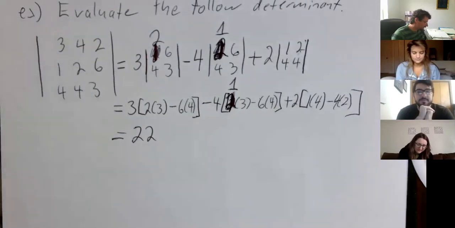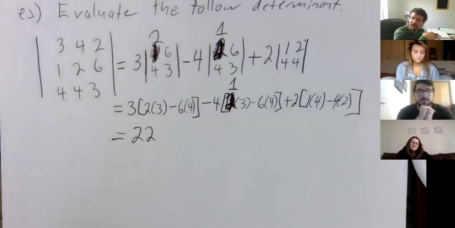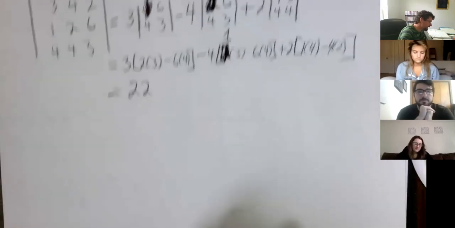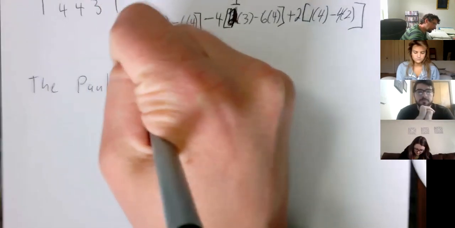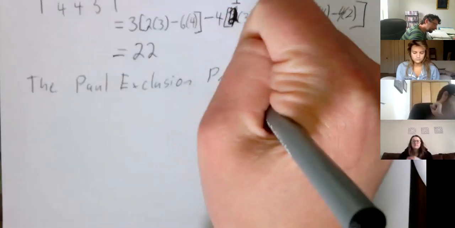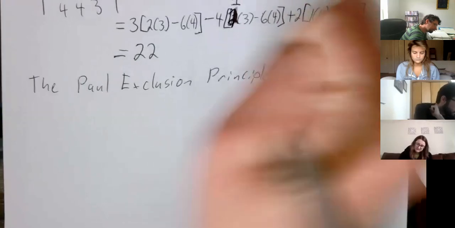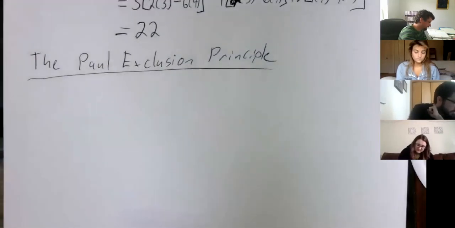All right. So now that we've talked about determinants, what we're going to do next is discuss the Pauli Exclusion Principle in a little more depth than we have in the past. The next section is titled the Pauli Exclusion Principle, which we've talked about quite a bit.